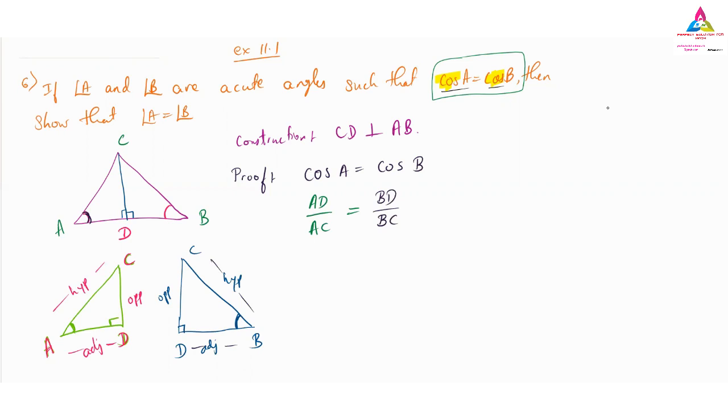Now I will make one small change here. I will take AC and BC on the same side, and AD and BD on the same side, because one contains D and the other contains C. So I will bring this BD down, and this AC I will take up.